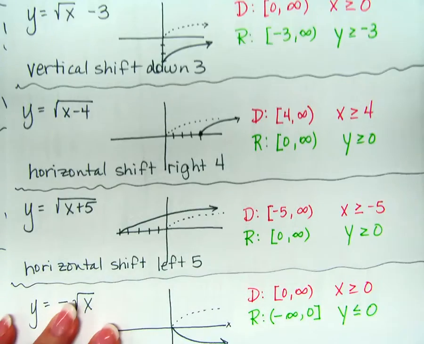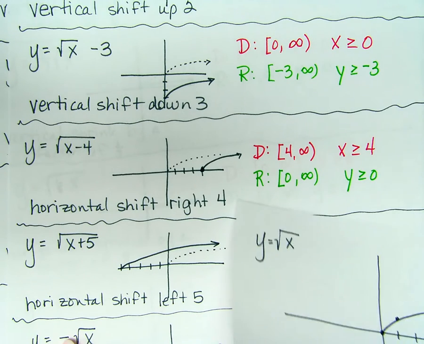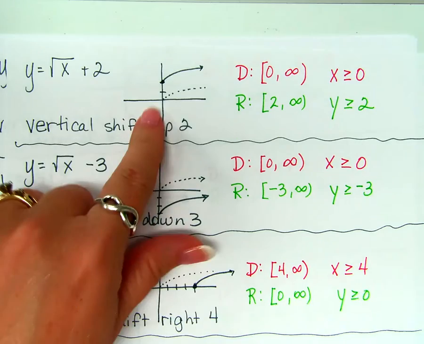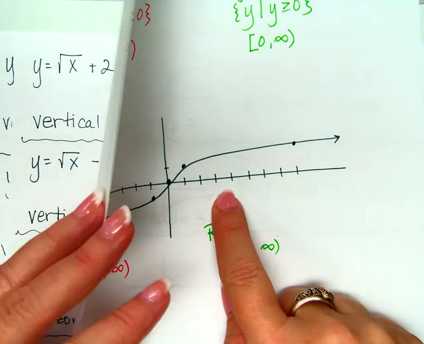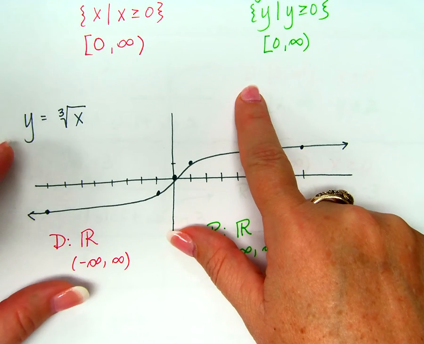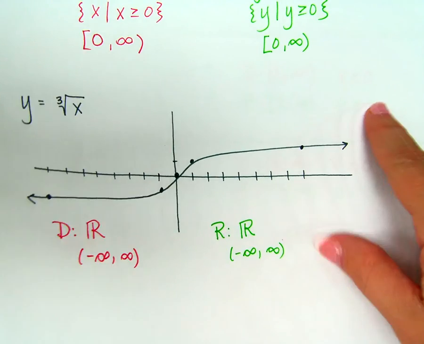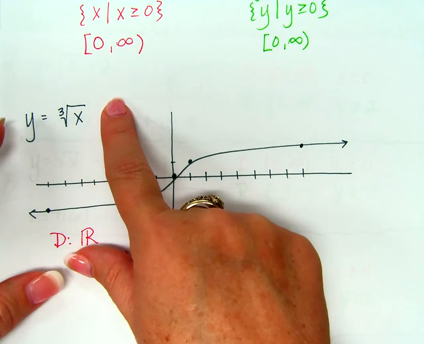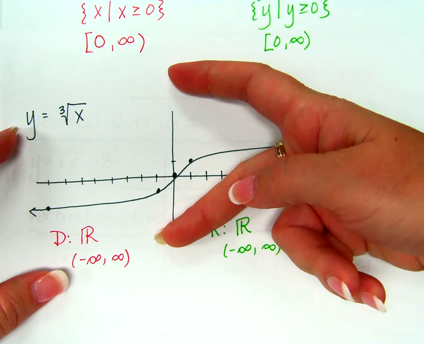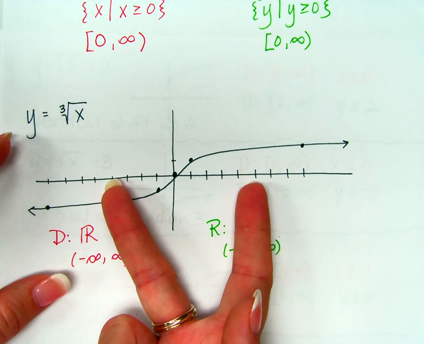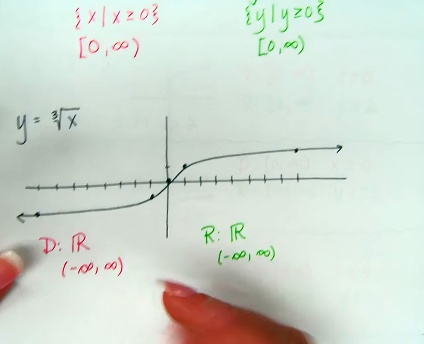What would be true about the domain and range if it was a cube root? Every single problem would be infinity to infinity? If I took this cube root and shifted it up 2, would it still be infinity to infinity? If I shifted it down 3, would it be infinity to infinity? If I shifted it right 4, left 5, what if I flipped it over the x-axis? Still infinities? What if I flipped it over the y-axis? Still infinities? Oh my goodness.